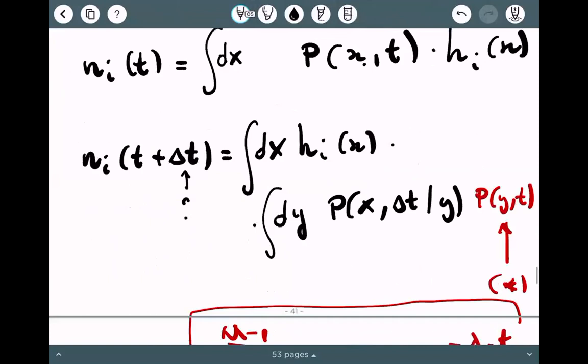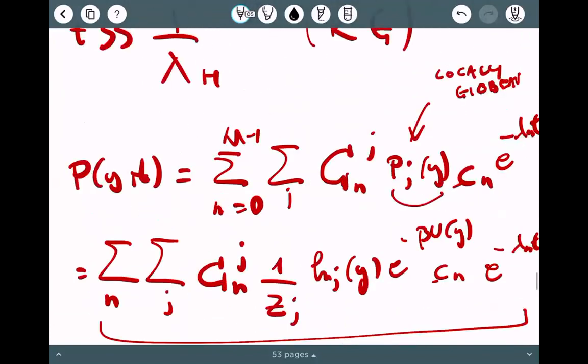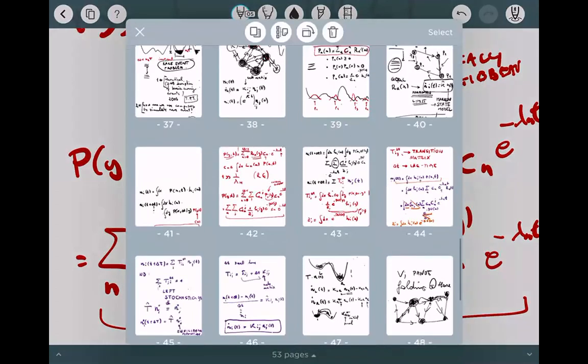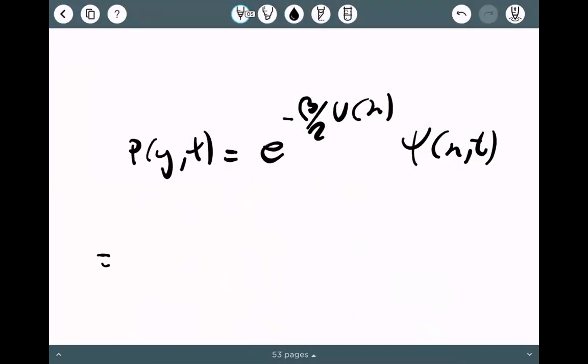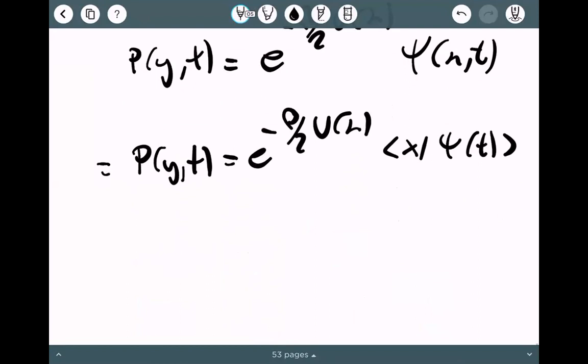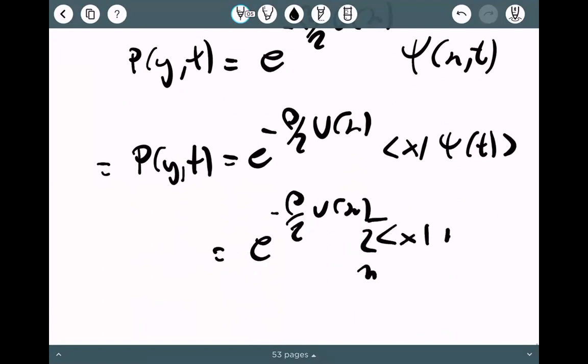So okay, one thing I can do here, this is p y t e to the negative beta half u x. I can write this as a position representation of my state psi of t, and then I'm putting here the resolution of the identity.